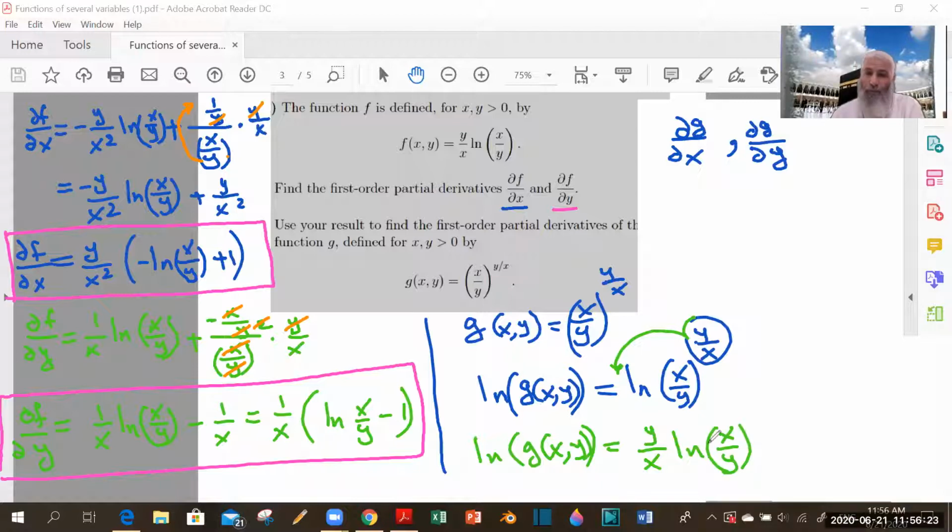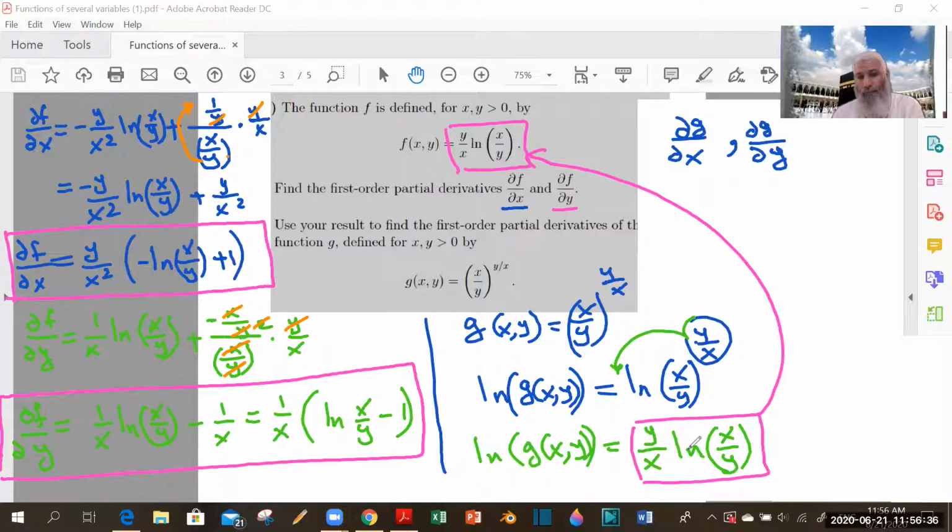You can notice that this part is the same as this part. So we already did df dx and df dy for this part.